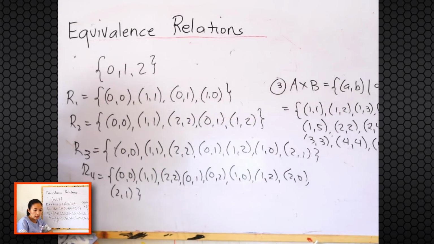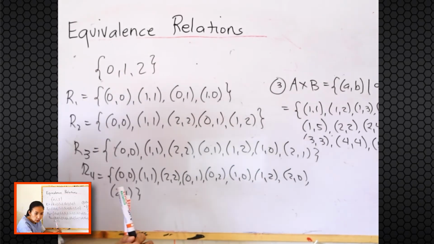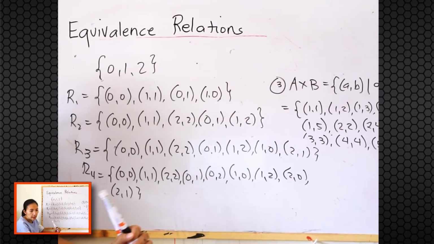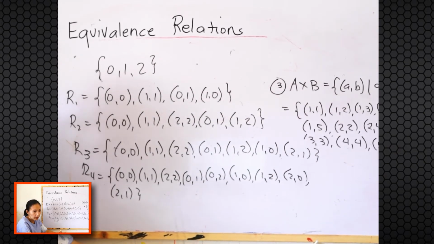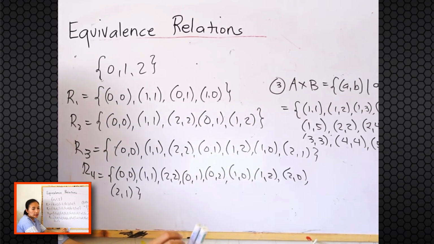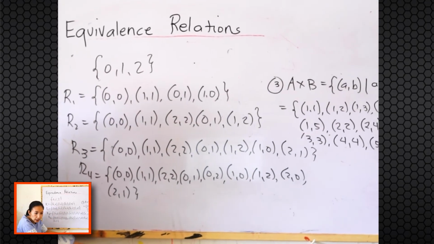Okay, let's look into the three properties and decide whether the given relation is an equivalence relation or not. Look at number 1. Did it satisfy reflexivity? Oh, no. What ordered pair is missing?